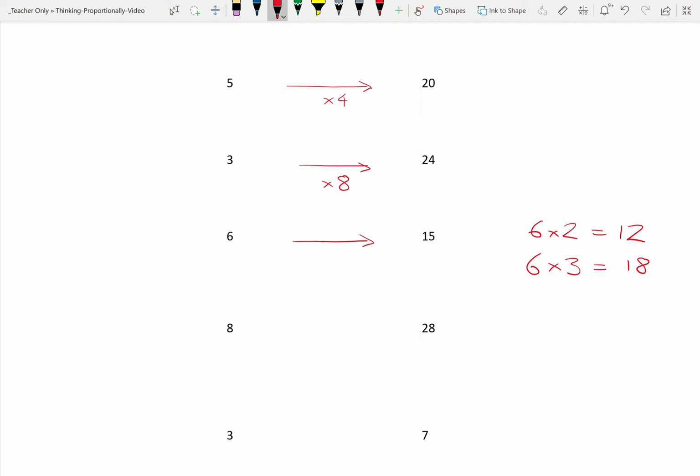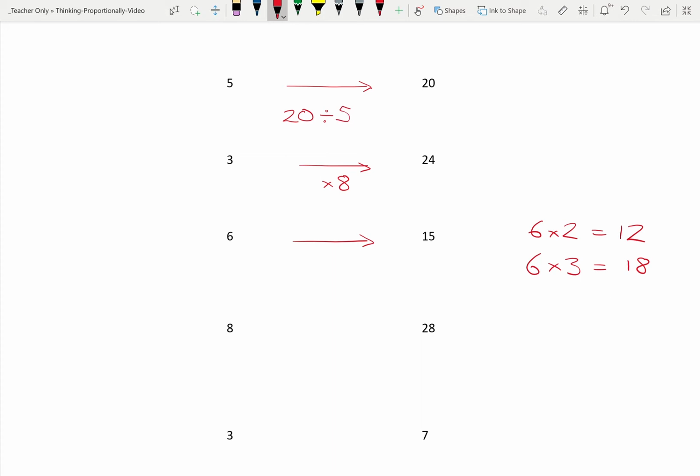find that number. Let's go back to our example at the top of the page. How do we know that this number is 4? What operation have we done to work this out? Well, actually what we've done is we've looked at the number we want to get to and we've divided it by the number we started with.